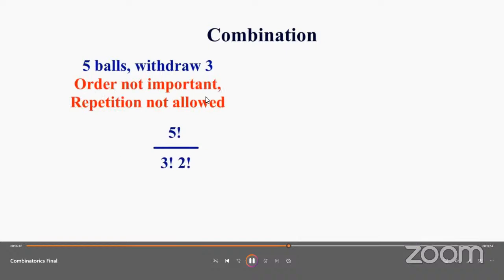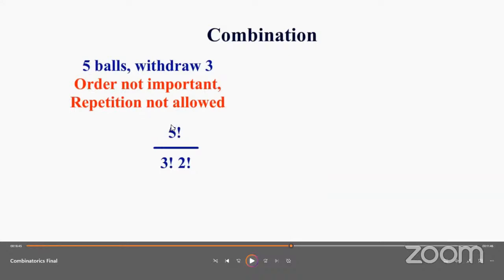So if the order is not important and repetition is not allowed, then this is the formula. Now this one is easier. Don't be confused with the permutation, because here you have 5 balls, 3 withdrawn.